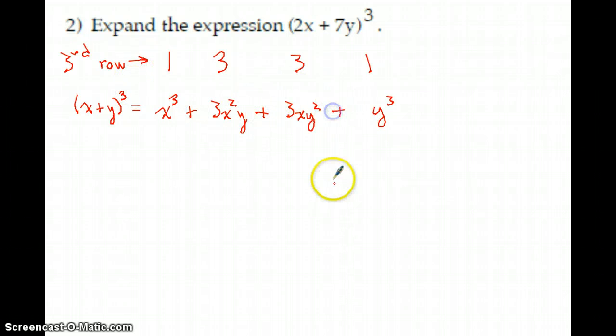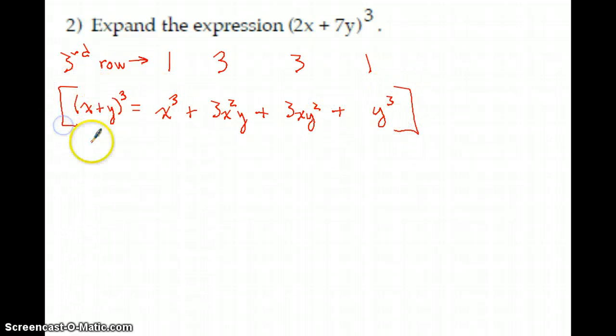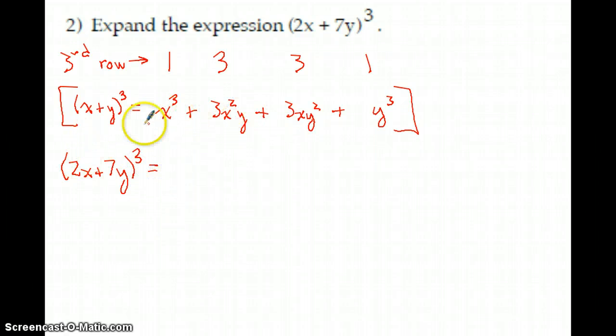Okay. Well, this isn't just x plus y. This is slightly modified from that. It's not just x plus y. It's 2x plus 7y. So I can kind of just replace x. What used to be x is now 2x. So this is 2x cubed plus 3 times 2x squared times y.